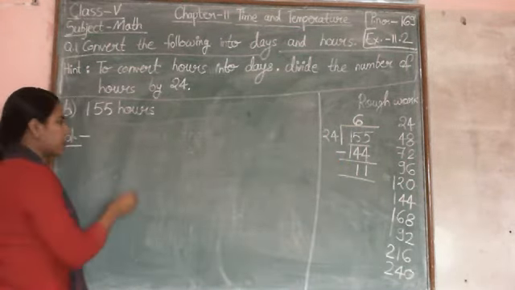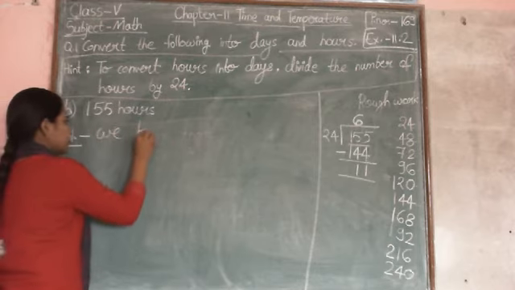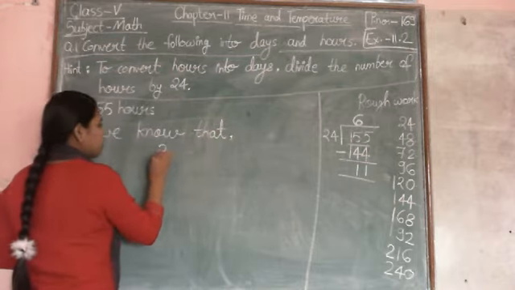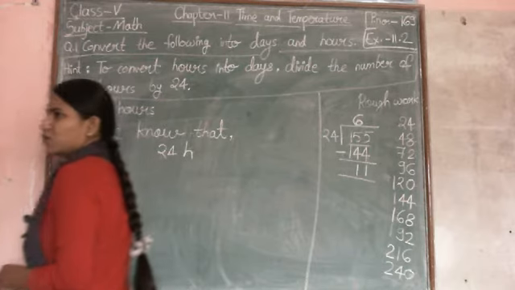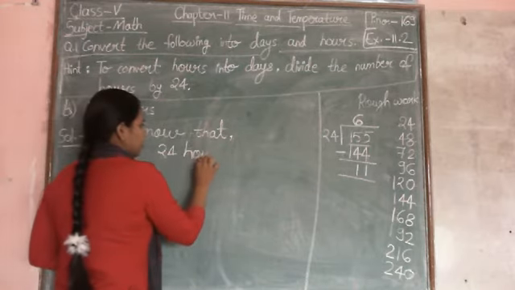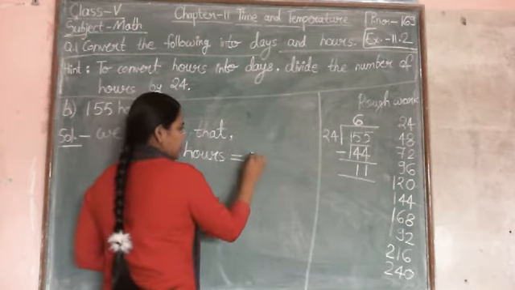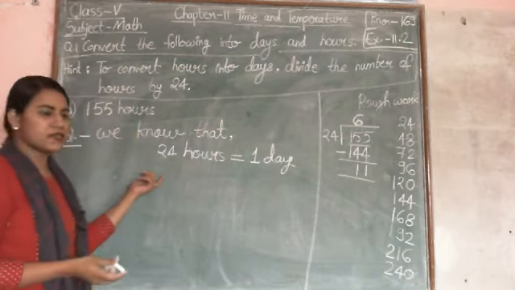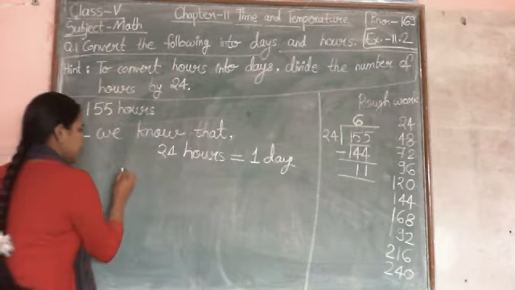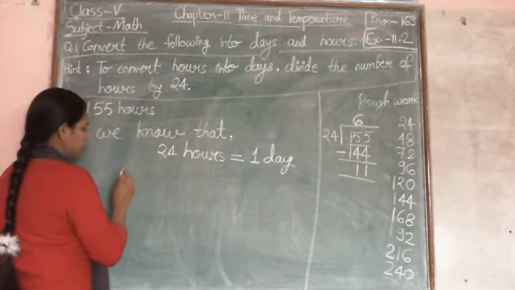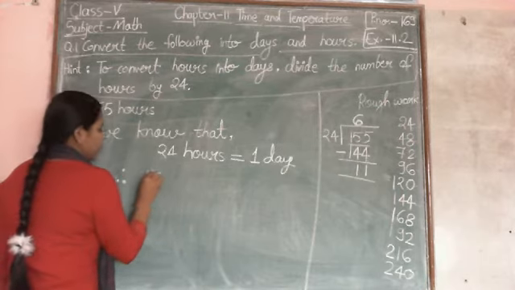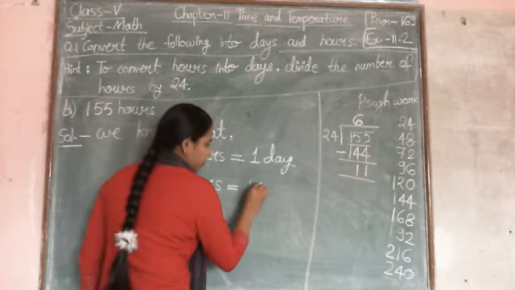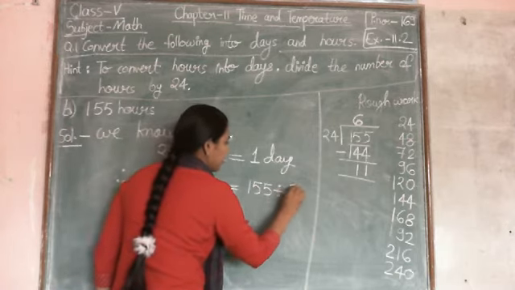Now in the solution part, what will we write? We know that 24 hours is equal to 1 day. Therefore, in the next line, write: 155 hours equals 155 divided by 24.